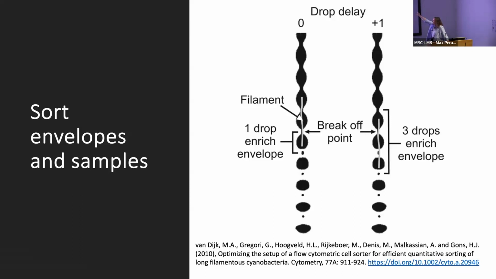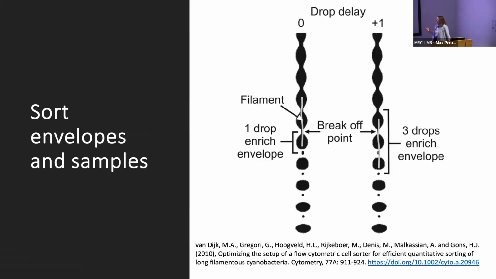If we extend the drops to sorting 3, we can take advantage of that and have the full filamentous bacteria sorted properly. So this is why it's really important to give us as much information as possible prior to thinking about your experiments.